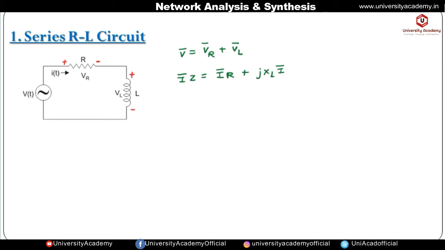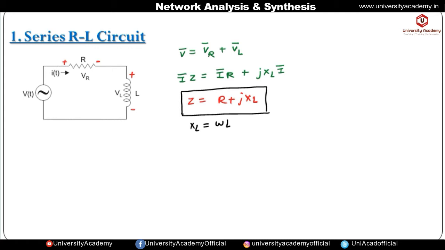X of L is inductive reactance. So if we take current common, it will get cancelled out, so we are getting the impedance as R plus J into X of L. So when R and L are connected in series, the impedance of the circuit is given by this formula, where R is the resistance and X of L is the inductive reactance. X of L is given by omega into L.